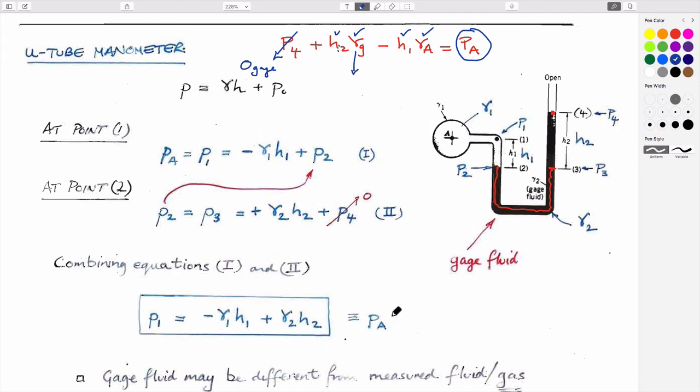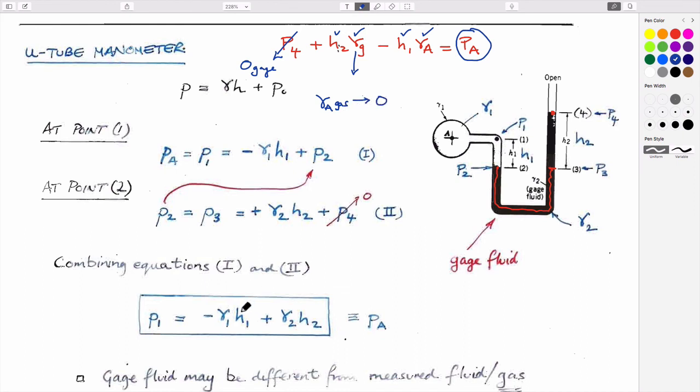So the other quirk on this would be that if this fluid here were a gas, if unit weight A was a gas, then this basically goes to 0.